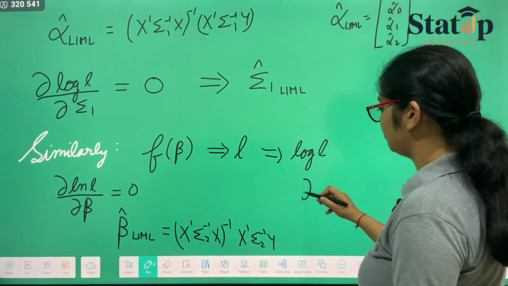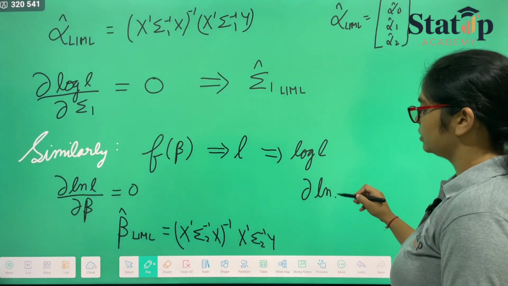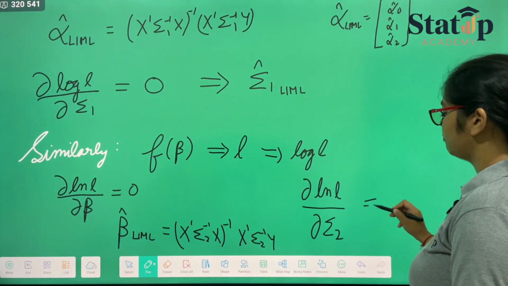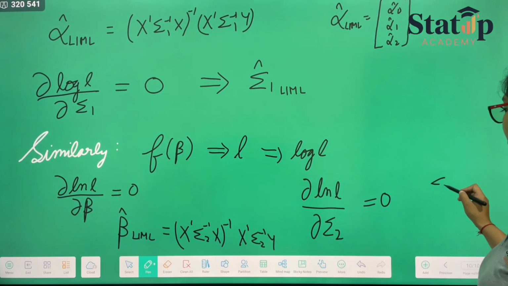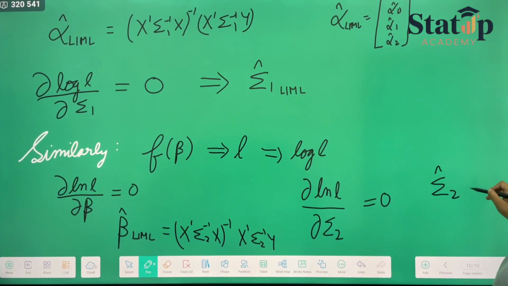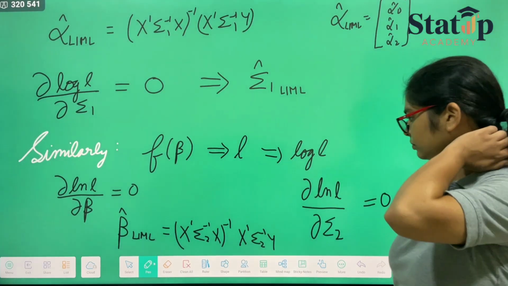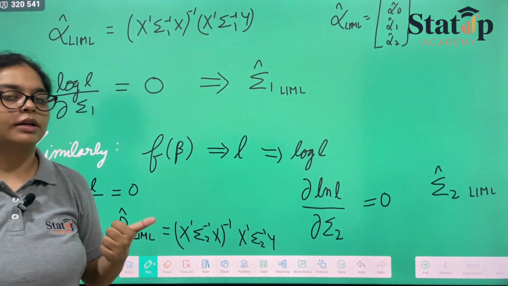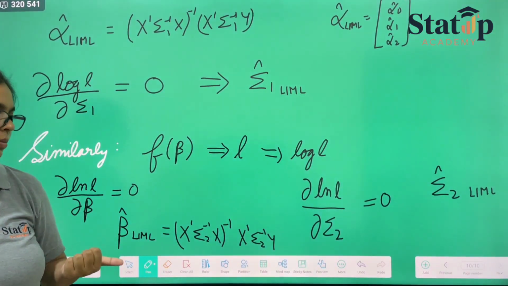And when we differentiate this with respect to sigma 2 and put it equal to 0, we will get sigma 2 cap LIML. So this was your limited information maximum likelihood method.